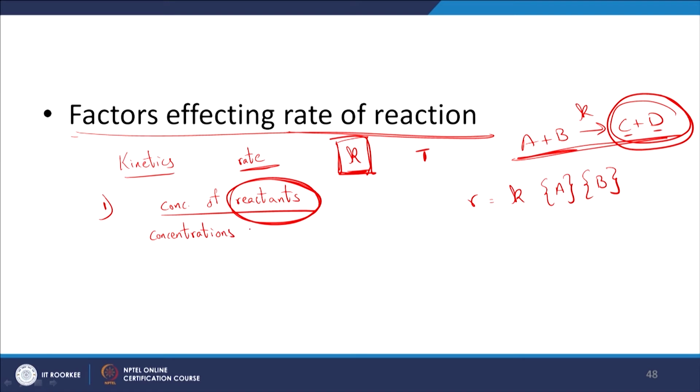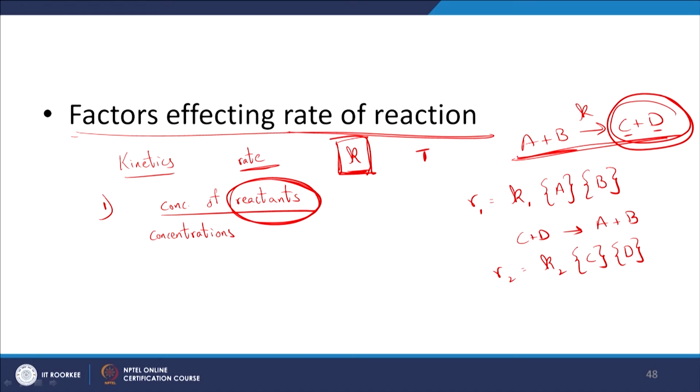Obviously, if we look at the reverse reaction, I will call this R1, with K1. C and D reacting together to form A and B, that is R2, which will be equal to K2 into the concentration or activity of C into the activity of D. I think that is clear here.